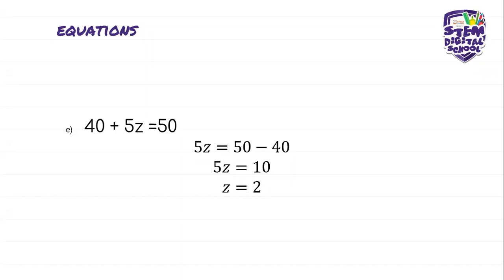So the last one, I've taken 40 from the left-hand side to the right-hand side. And then if it's positive on the left-hand side, then it will be negative on the right-hand side. So 50 minus 40 is 10. And then if you divide both sides by 5, Z will be equal to 2.